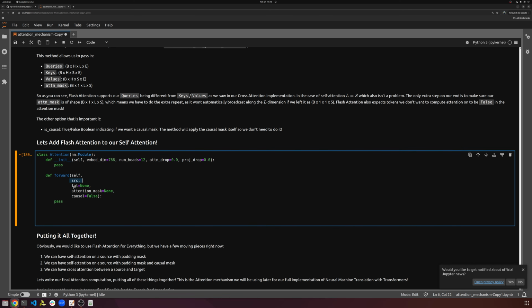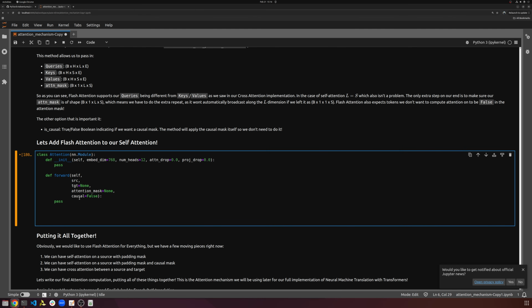If I pass in a source with an attention mask, I'm going to do self-attention with my padding mask. If I pass in source with attention mask and causal is True, then I'll have the attention mask, but I'll have the causality in there as well. And if I pass in source and target, target will be my output. Target is the thing I want, and source is what we're going to weight it against.